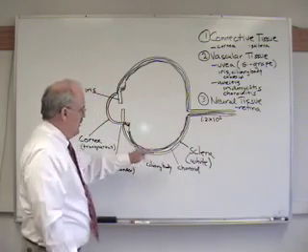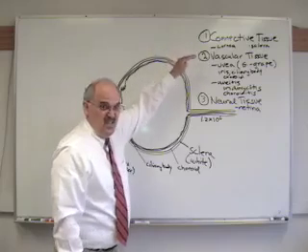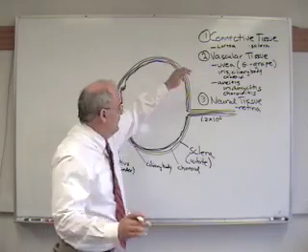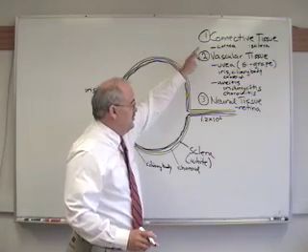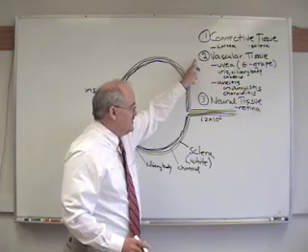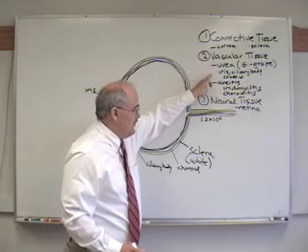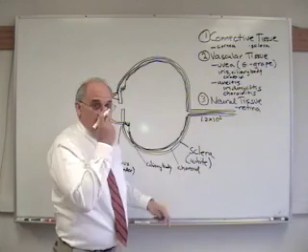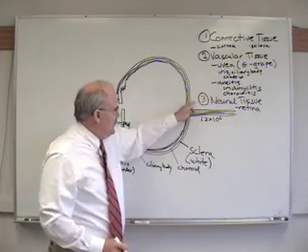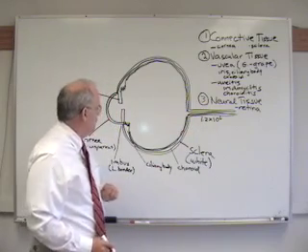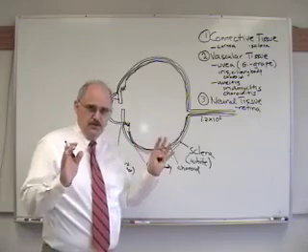Okay? So the 3 layers, once again, I'm belaboring this a little bit, but I want you guys to stick with it. The connective tissue layer, which is the cornea in the front, the sclera in the back, the vascular layer, which is the iris in the front, the ciliary body in the middle, and the choroid in the back, and then the neural layer, which is the retina. Those are the 3 layers of the eye.